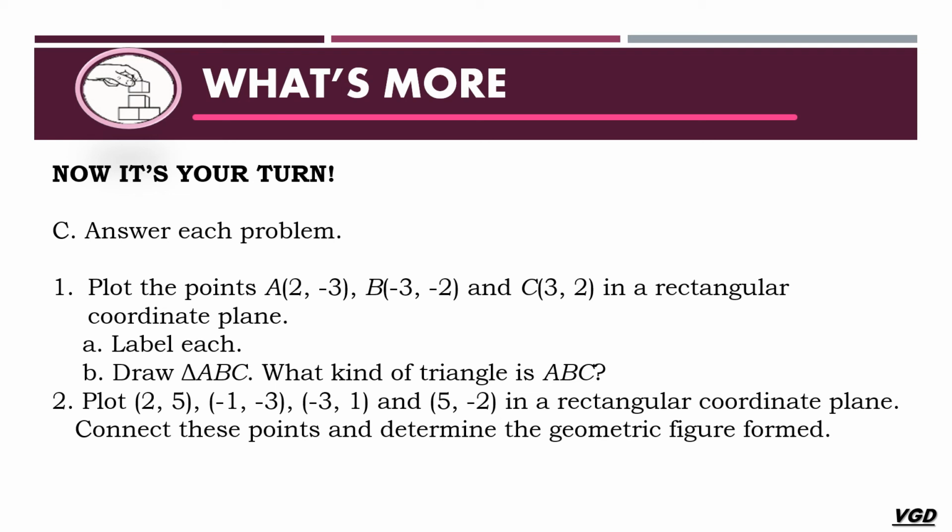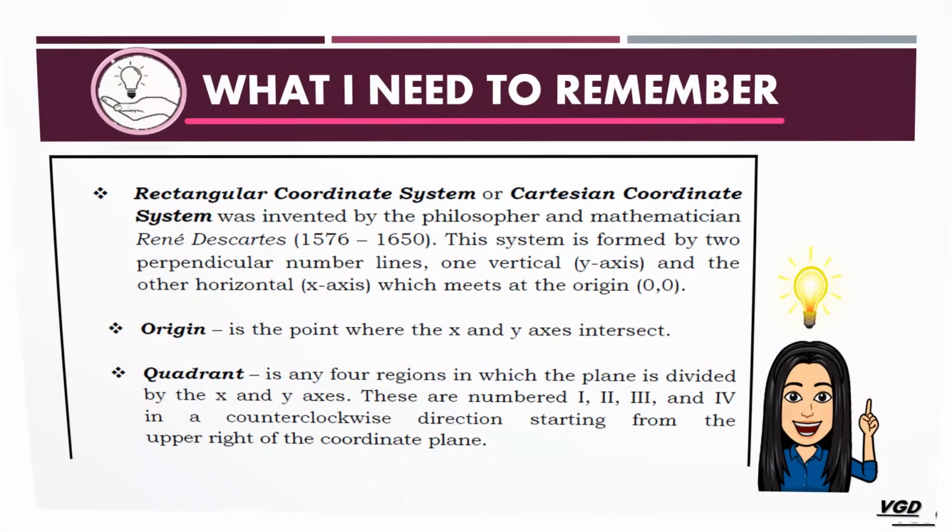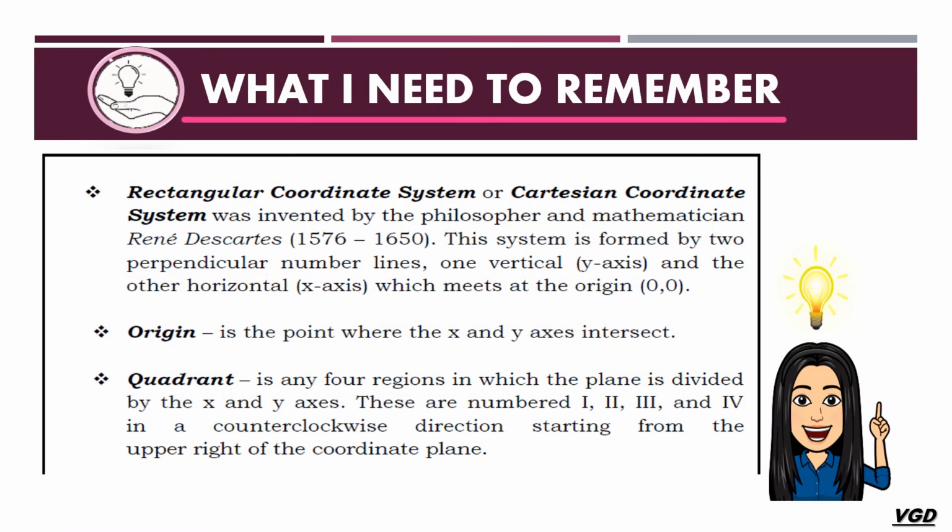Number 2, plot points 2 and 5, then the coordinates -1 and -3, -3 and 1, and -5 and -2 in a rectangular coordinate plane. Connect these points and determine the geometric figure formed. And that is for letter C. That's all for the What's More activities.